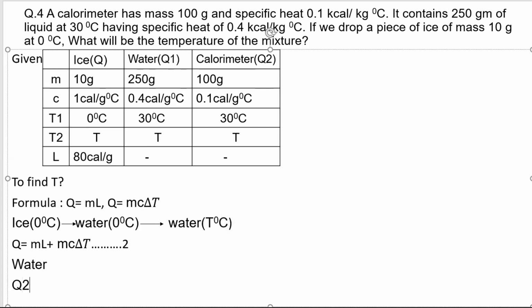So we can write Q1 is equal to, only temperature is changed, so we can write the formula Q is equal to M1 C1 delta T. Let it be equation number 2.